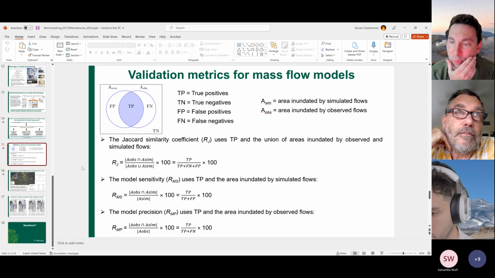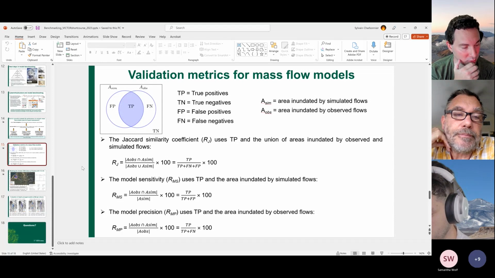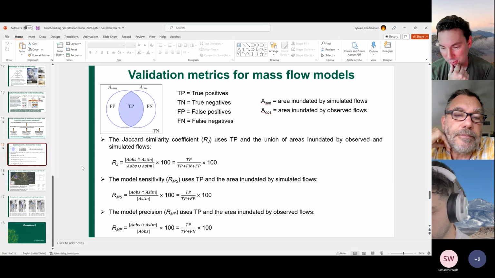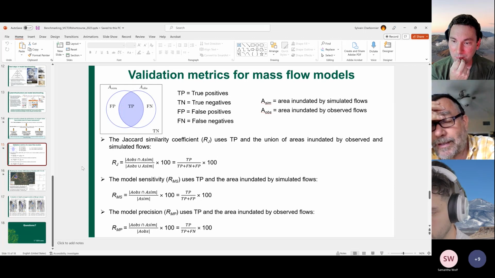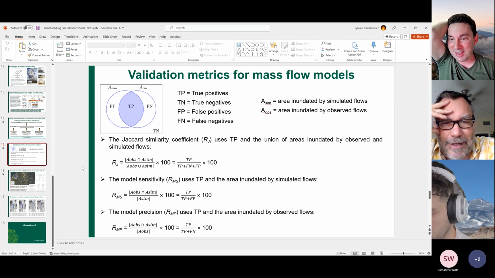There's some work that has been done by Stuart Mead and others where they try to develop this, I don't know how they call it, not a threshold but like a buffer for the Jaccard. I found it really subjective.